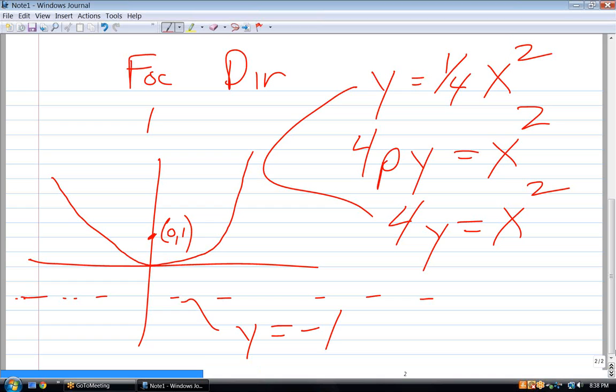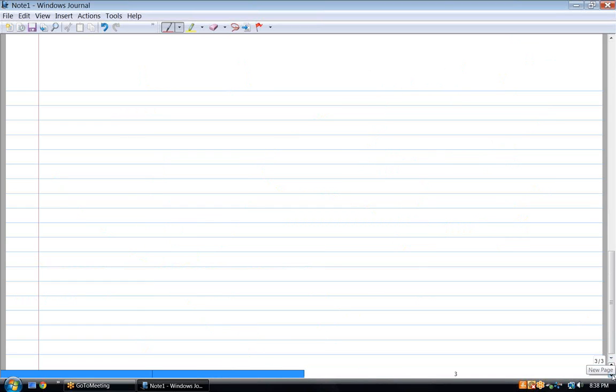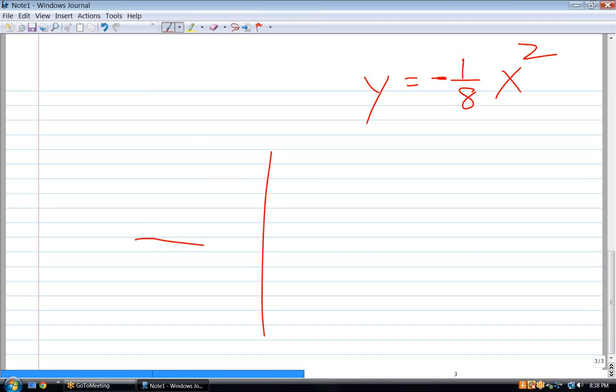Okay. Want to do one more? Same thing, but y equals -1/8 x squared. Vertical, horizontal? Vertical again. Opening up or down?